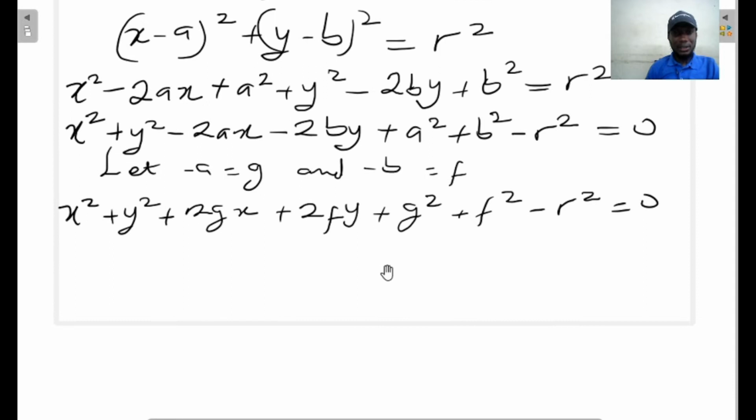But then here you can see that this g squared plus f squared minus r squared all don't have any x attached to them. So it means that each of them is a constant and we can use one constant to replace all of them.